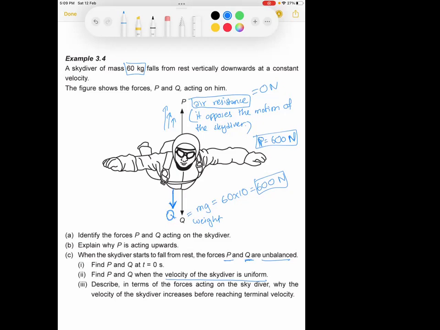Could you write the answer? Sure. Let me say at the beginning.